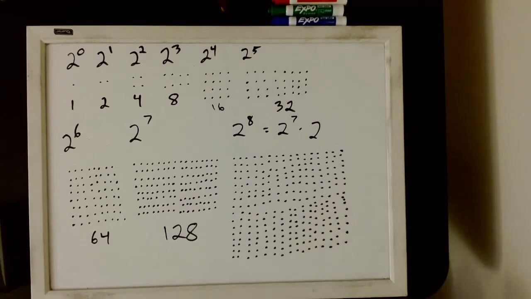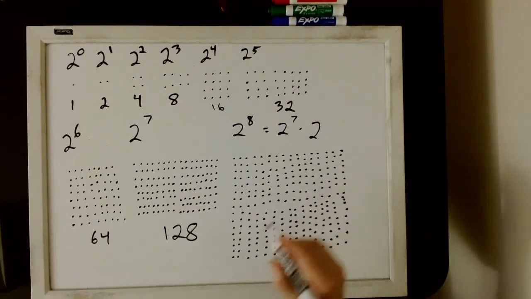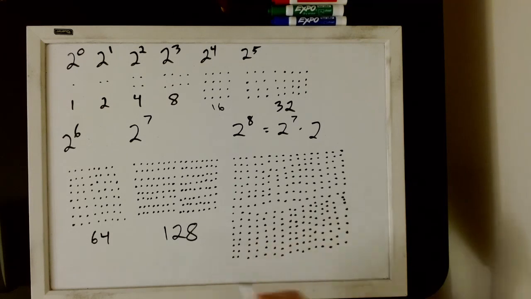All right. So this is 2 groups of quantity 128, which is quantity 256.